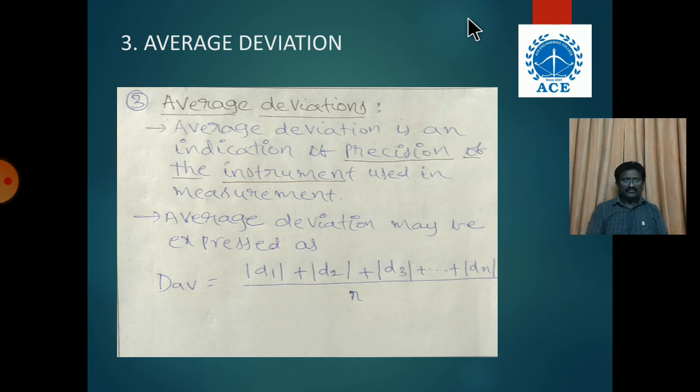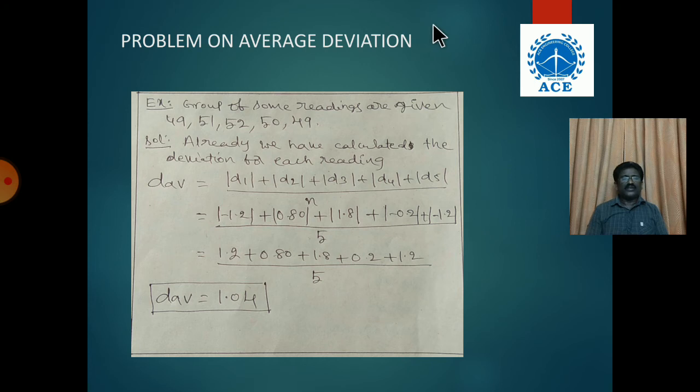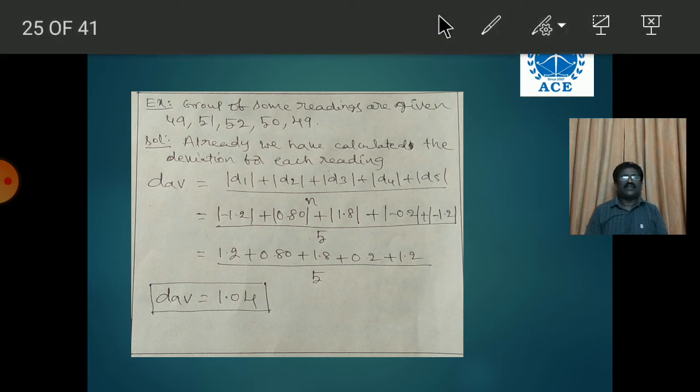Now I am going to calculate the average deviation from the given values. Earlier I took a group of readings: 49, 51, 52, 50, 49. I have already calculated the arithmetic mean and the deviations. Arithmetic mean x bar is equal to 50.2.